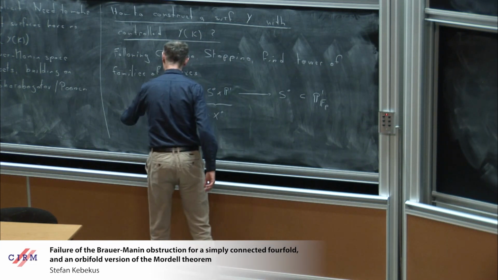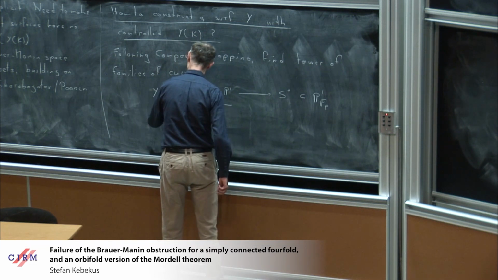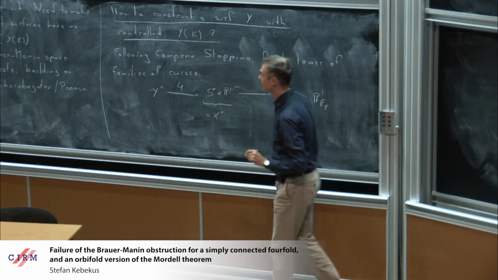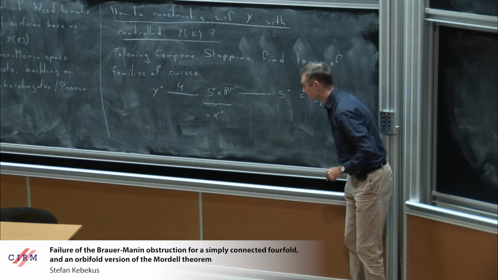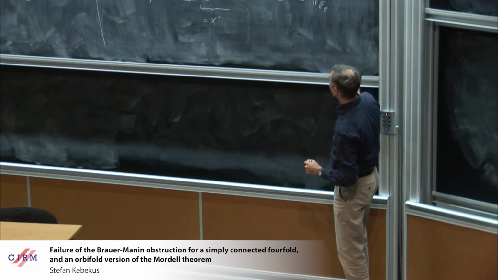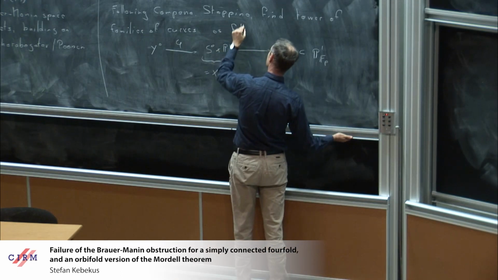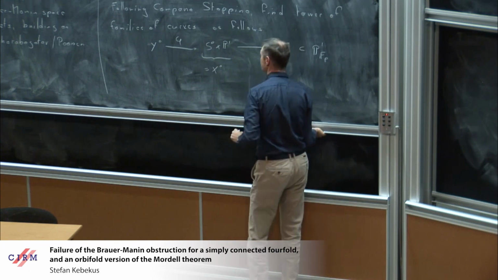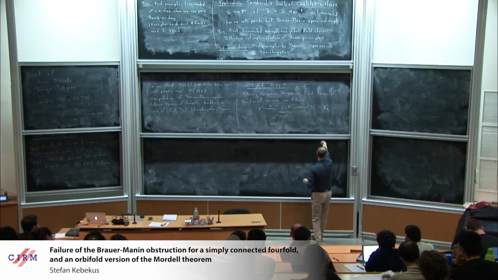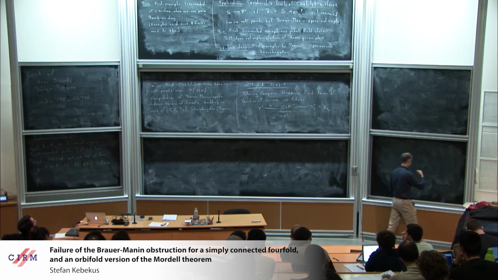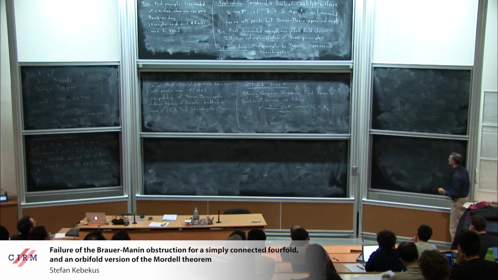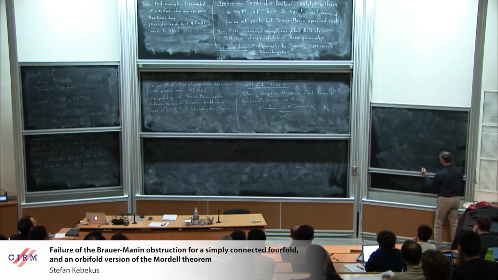And then here comes a more interesting family of curves that needs to be constructed. Family of curves as follows. So maybe this is a great time to draw a little picture, how I think of this.